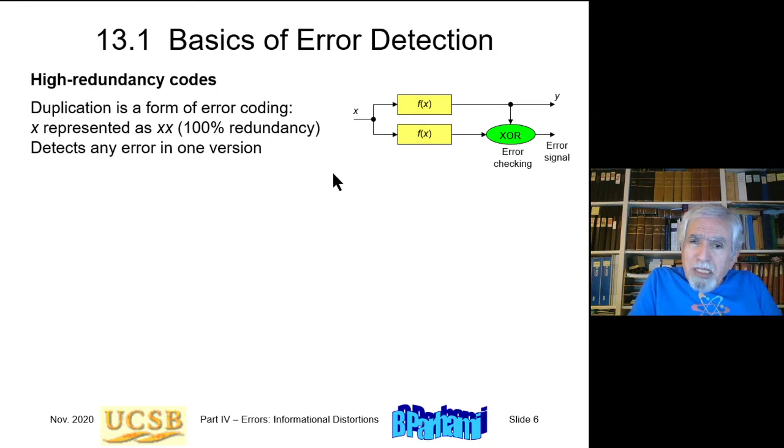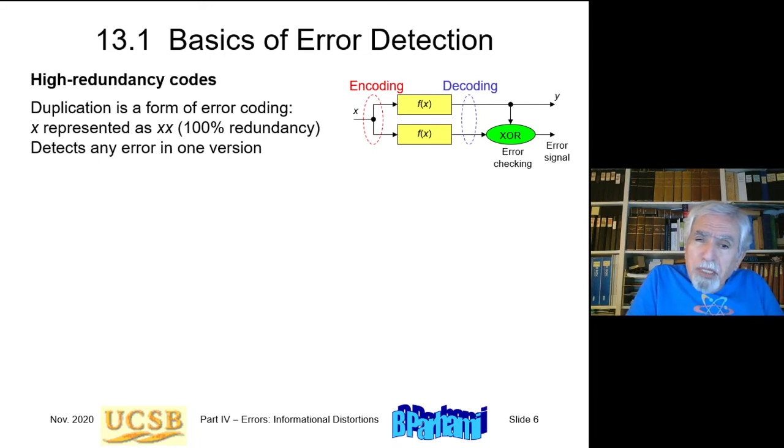So the question is, can we do error detection using less redundancy than 100%? And preferably an order of magnitude less, in other words, 10%, 15% of that order. And the answer is yes, and we can use error detecting codes for this purpose.